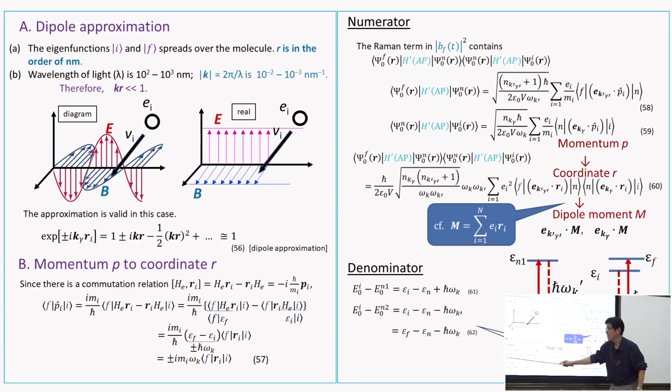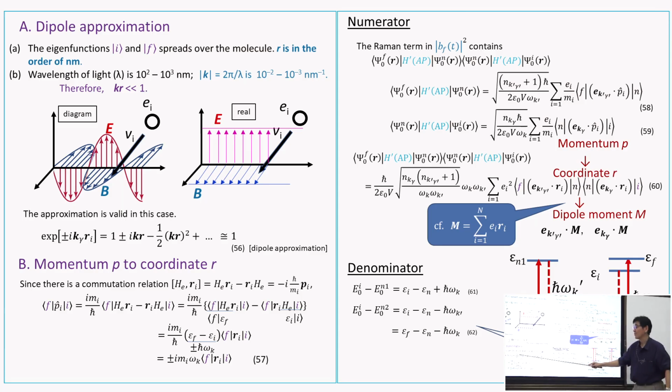And i m i over h bar, this term can be separated into two terms: f H_e r i minus f r H_e i.